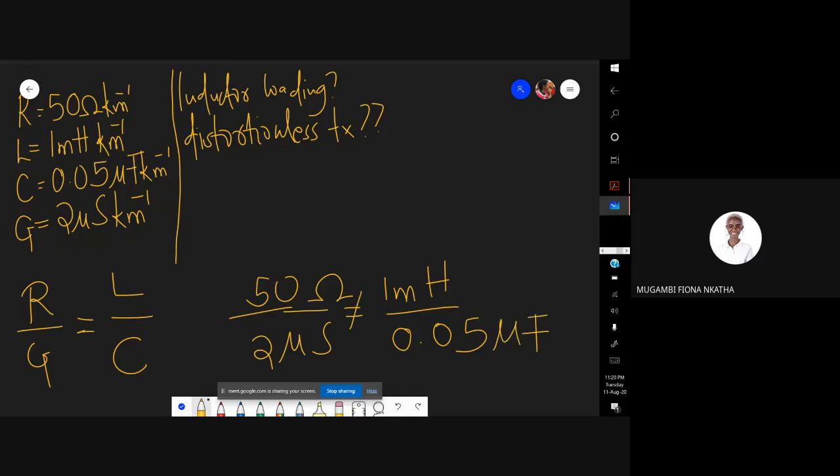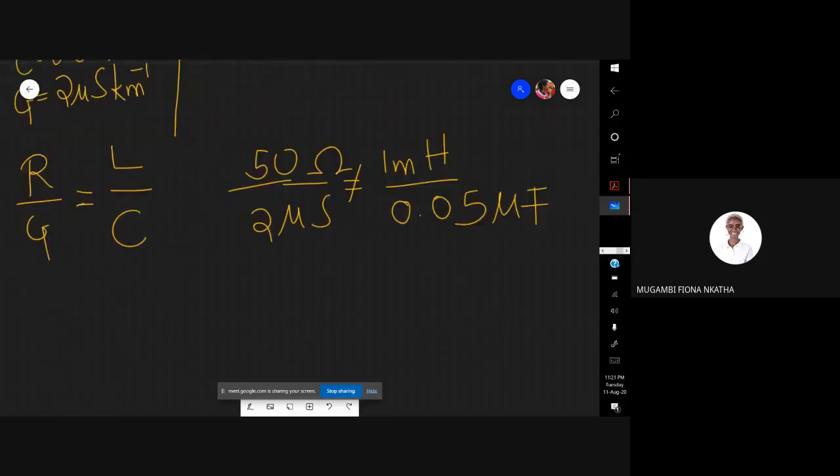When you do this, you'll find they're not equal. I wrote it down, I calculated, and I saw that it wasn't equal. But you can try yourself and you'll see that it's not equal.